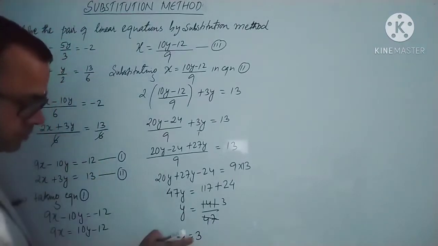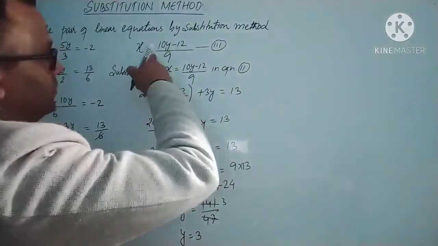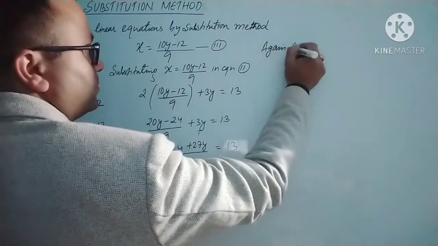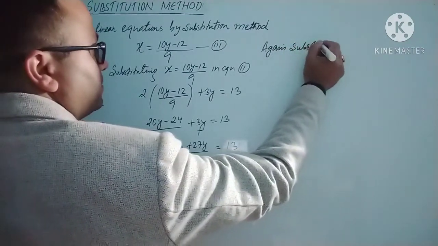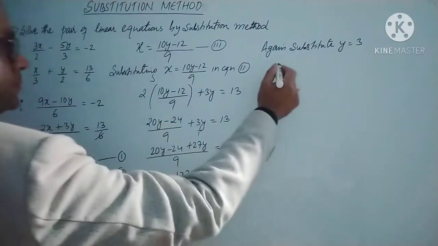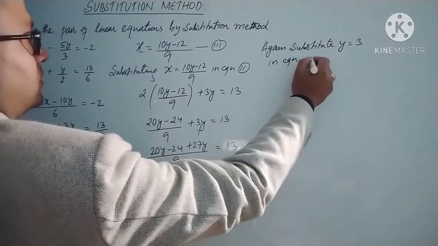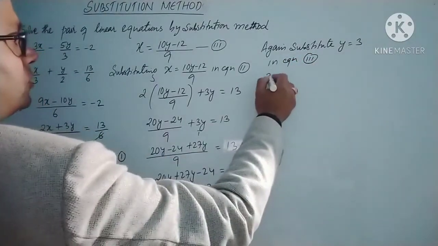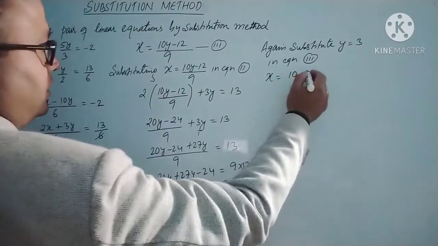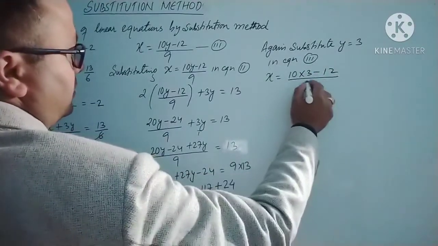Now again we have to substitute the value of y in equation 3. Substitute y equals 3 in equation 3. So x equals 10, instead of y we will write 3, minus 12 divided by 9.